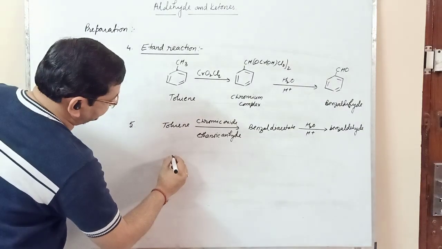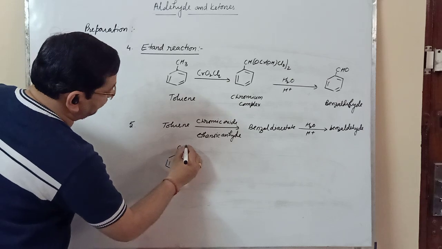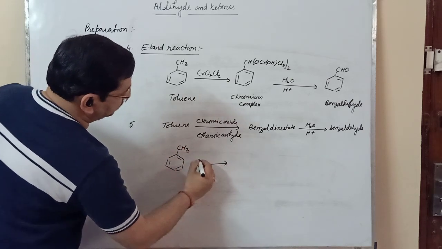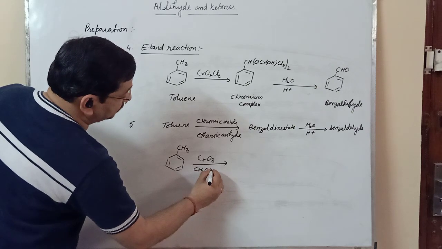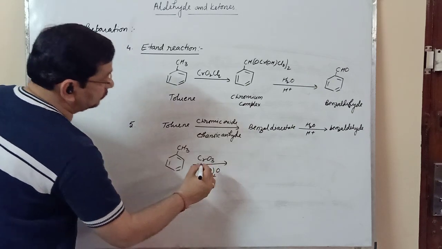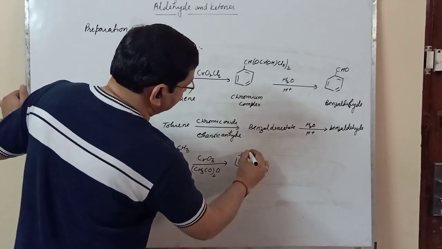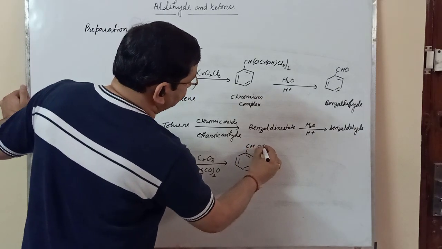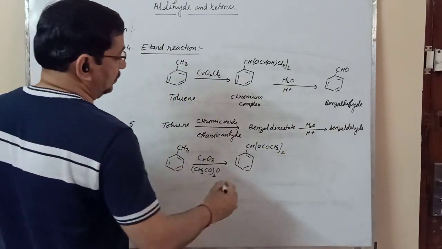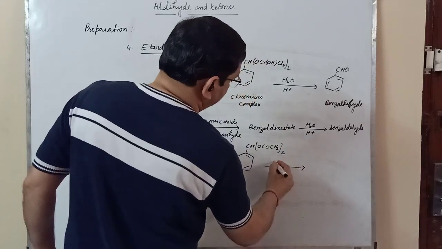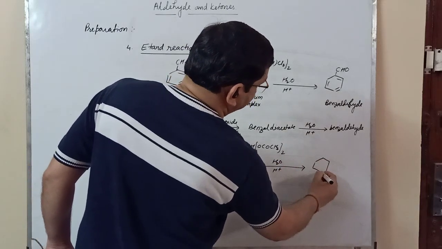That is, toluene is first treated with CrO3 in presence of (CH3CO)2O, gives an intermediate C6H5CH(OCOCH3)2. This on hydrolysis gives benzaldehyde.